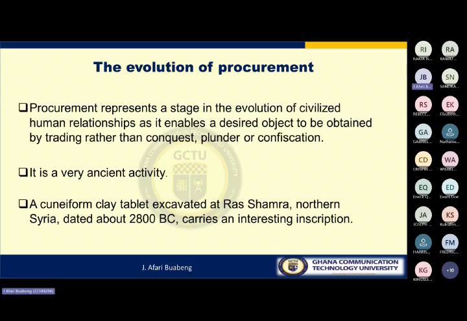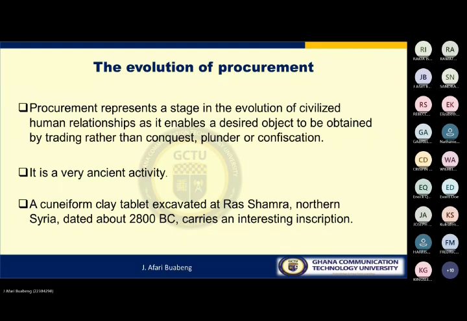But since human civilization started, it started with procurement, because at the time, people said, if I need something without using conquest, plunder, or confiscation, I can still get it by way of what?